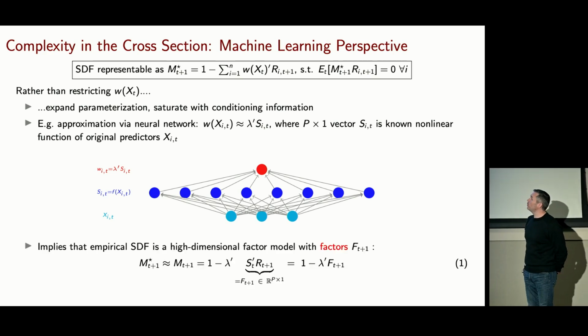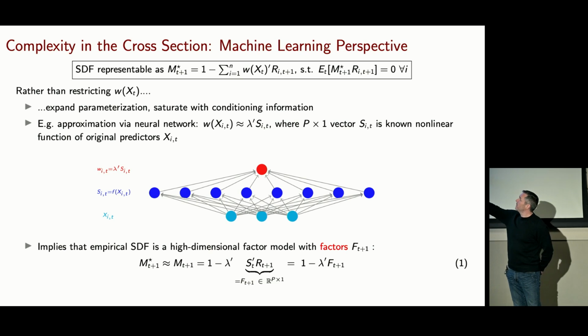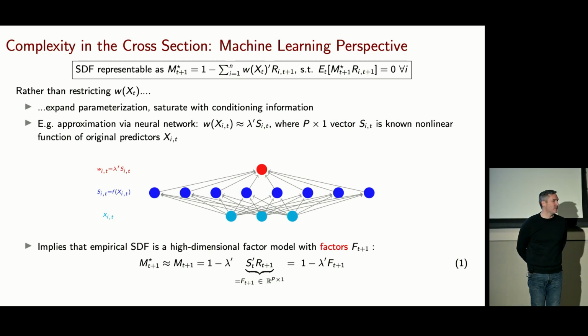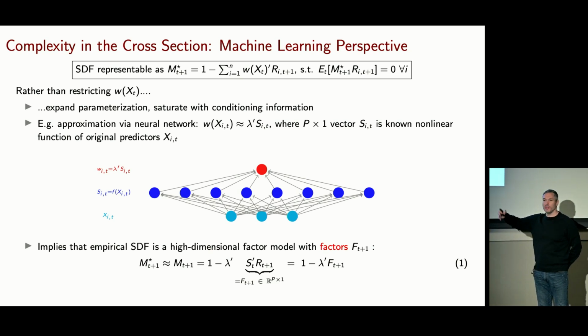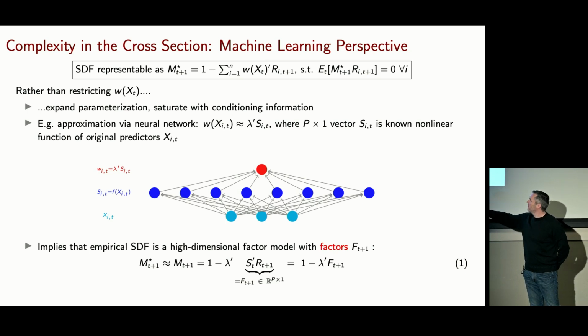All right, now one thing that's kind of cool about this is that this neural network can just be formulated as a linear model of nonlinear variables, right? So my SDF now was something about W of x times r. Well, via this approximation, I end up looking at something that looks like a factor model.